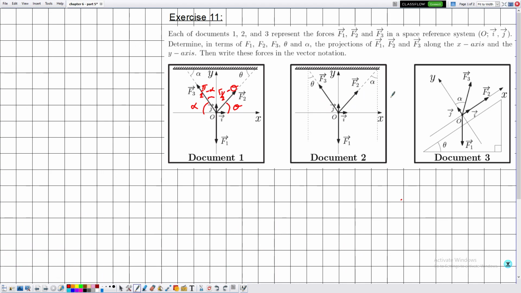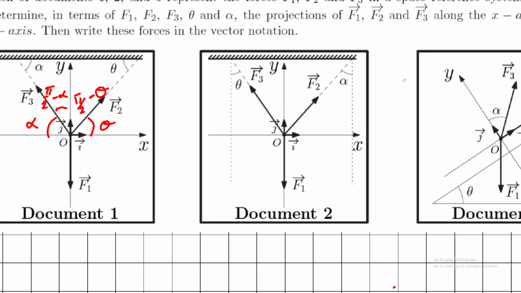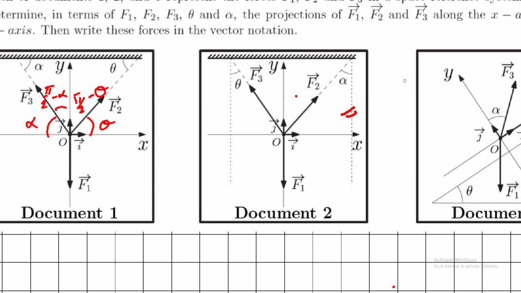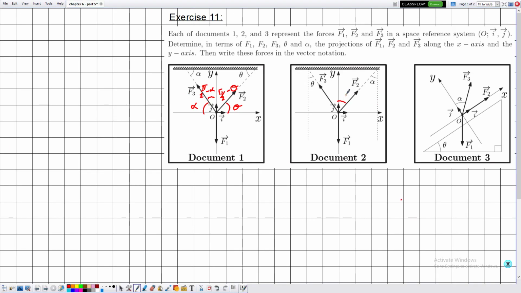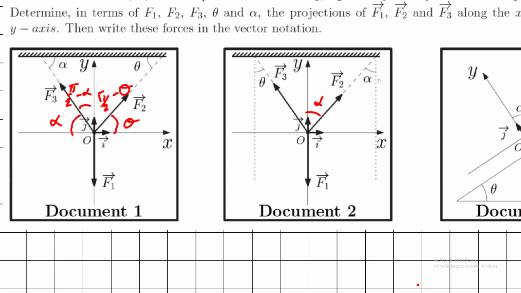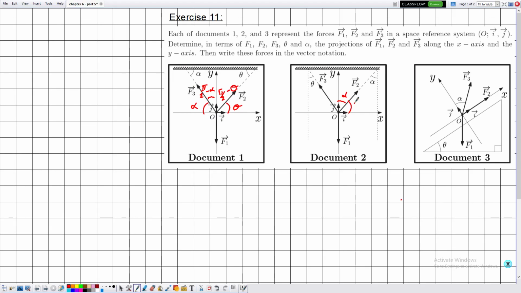Before we start projecting the forces, let's determine the angles. We are interested in the angles between the forces and the axes. Notice that this line is completely parallel to this line, so if this is alpha, then this is alpha, and the reason is given by alternate interior angles. And this is given by pi by 2 minus alpha.